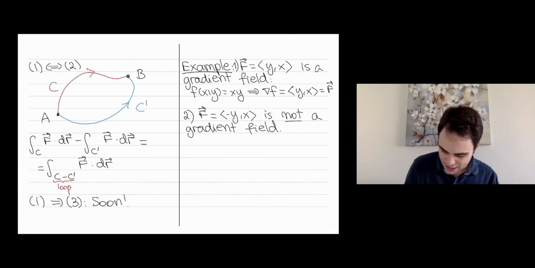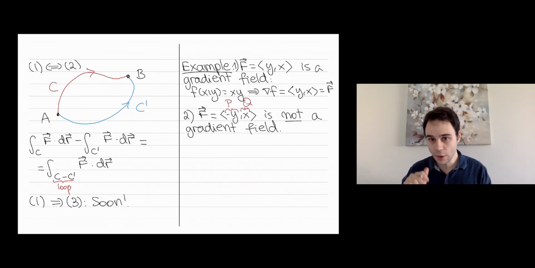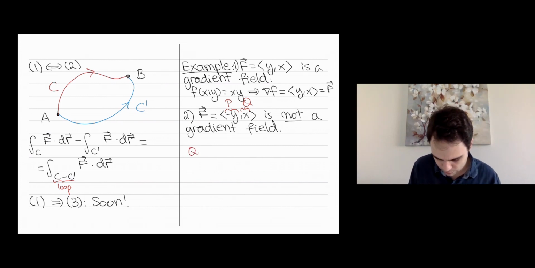If I call the first component P and the second component Q, and I take the x partial of the second component, if I compute that, I'm going to get 1.